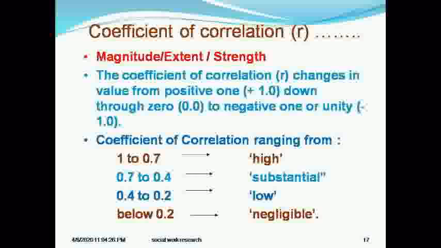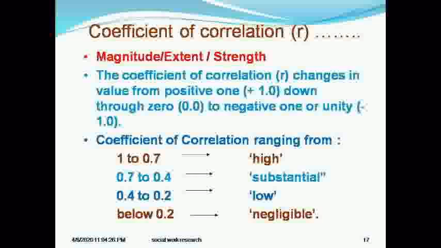So the coefficient of correlation is a number between +1 and -1. The coefficient of correlation changes in value from +1 down through 0 to -1.